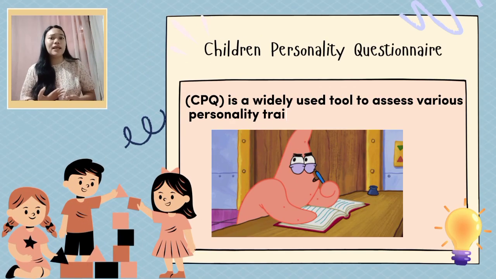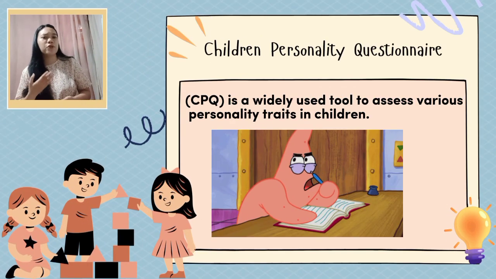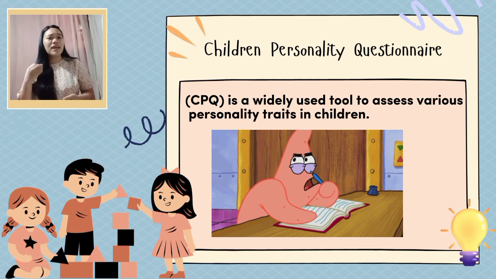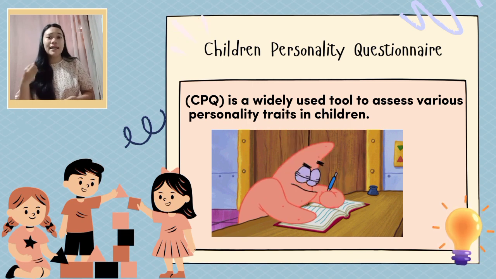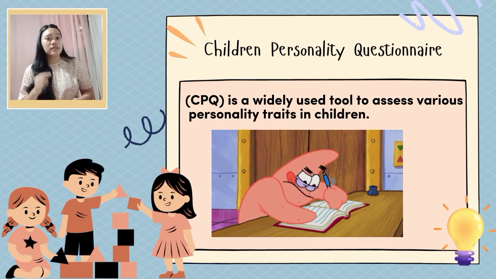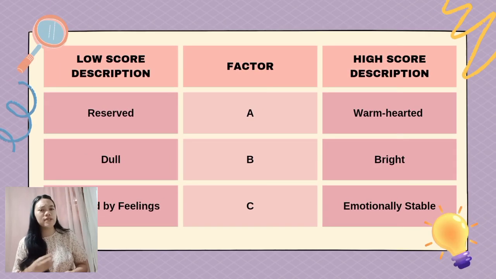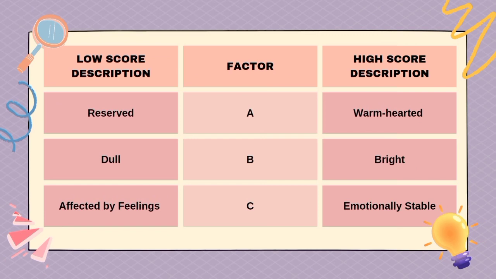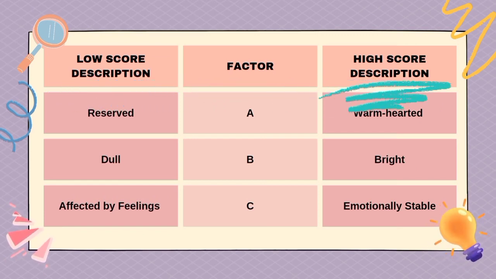CPQ is a widely used tool to assess various personality traits in children. While the exact structure and number of items in the questionnaire may vary, here is the standard sample of 14 common personality traits that are often included in the CPQ. So we have here a table that consists of the low score description, the factor, and the high score description.